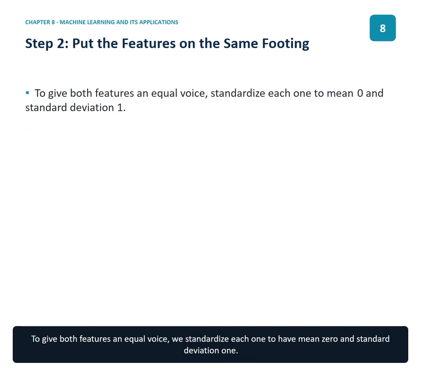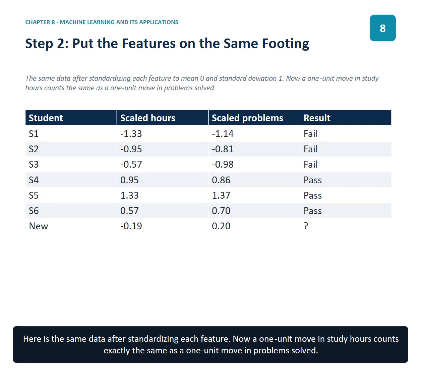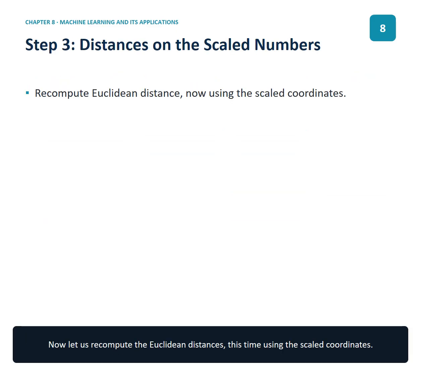To give both features an equal voice, we standardize each one to have mean 0 and standard deviation 1. Here is the same data after standardizing each feature. Now a 1-unit move in study hours counts exactly the same as a 1-unit move in problems solved. Now let us recompute the Euclidean distances, this time using the scaled coordinates.